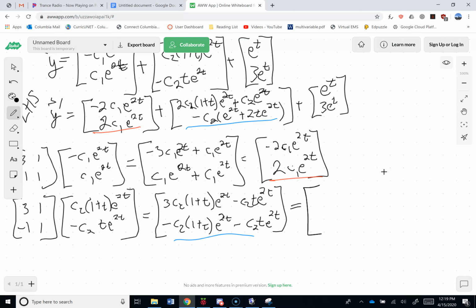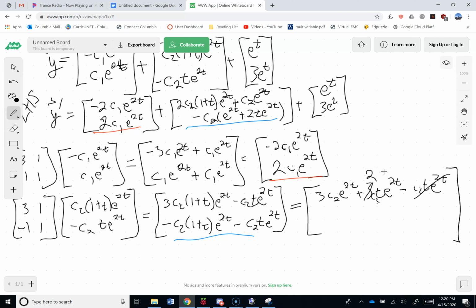That is 3c2 e to the 2t plus 3t e to the 2t, oops, c2, minus c2t e to the 2t. Okay, so this one is going to cancel with one of these. And so I should have 3c2, so 3 plain ones and 2 with t's, which is indeed what I have in the first line up there.